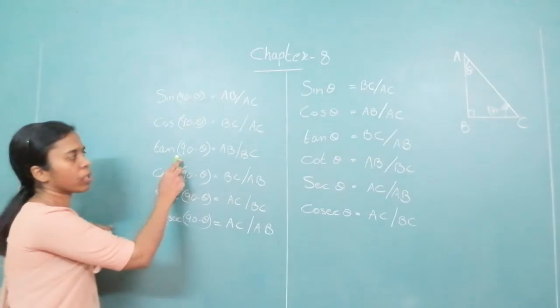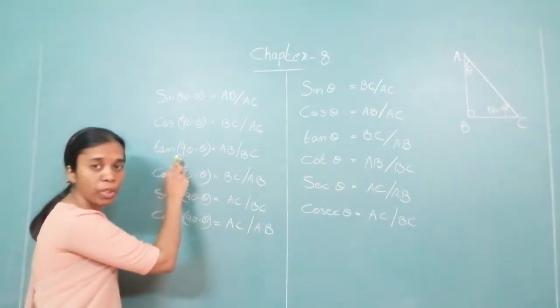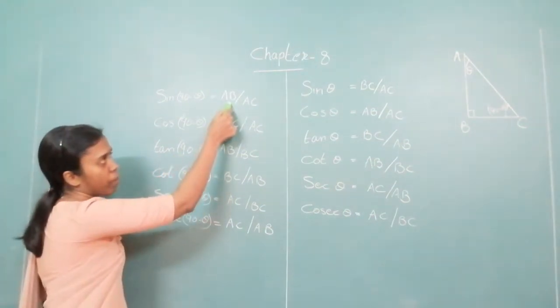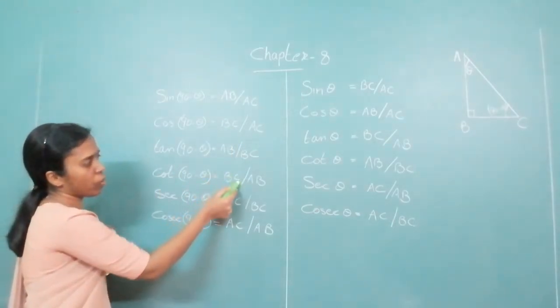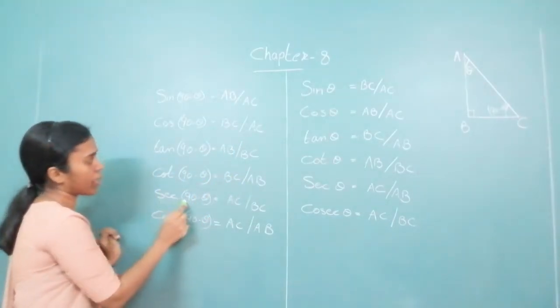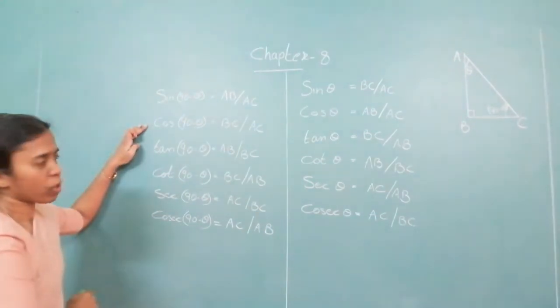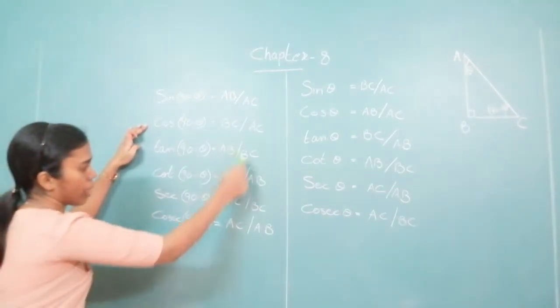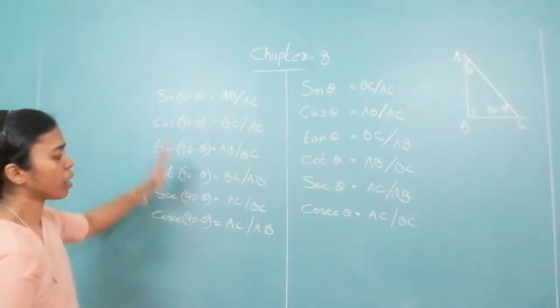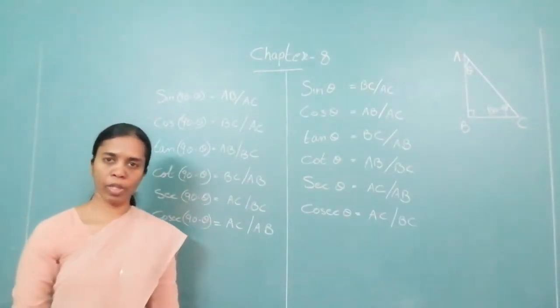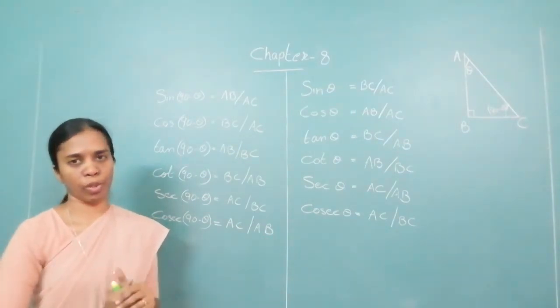Now tan, I have opposite upon adjacent. Opposite is AB, adjacent is BC. Cot is the inverse of this, BC upon AB. Sec is the inverse of cos, AC upon BC. Cosec is the inverse of this, that is AC upon AB. Okay, this is what I have written on the board.